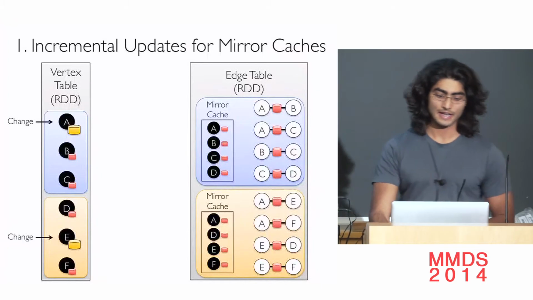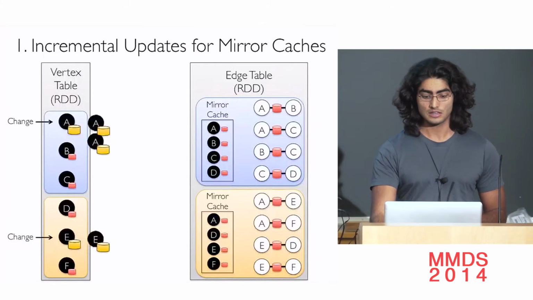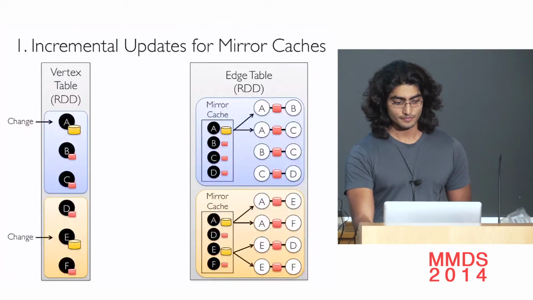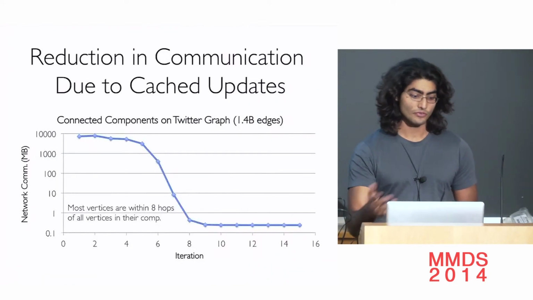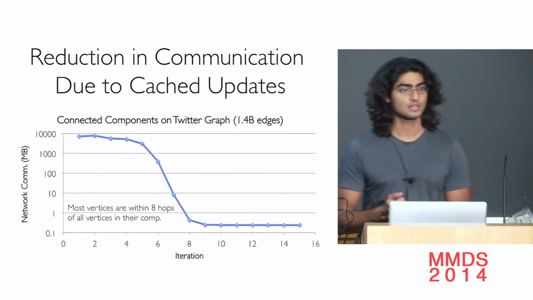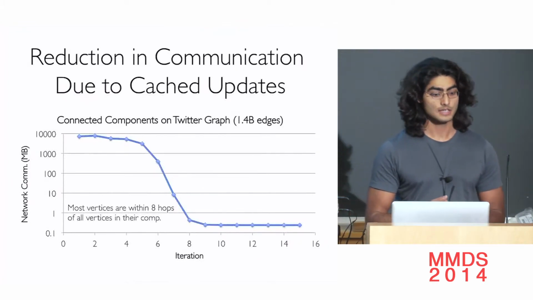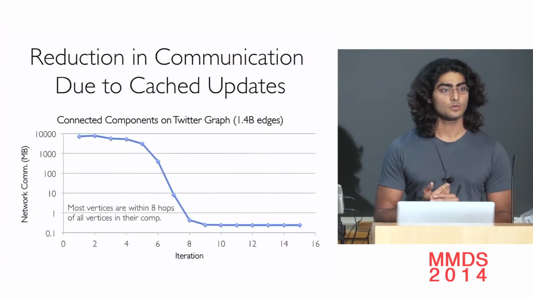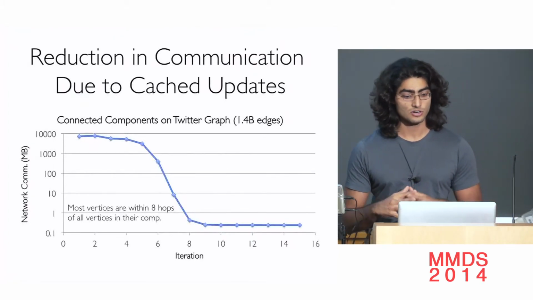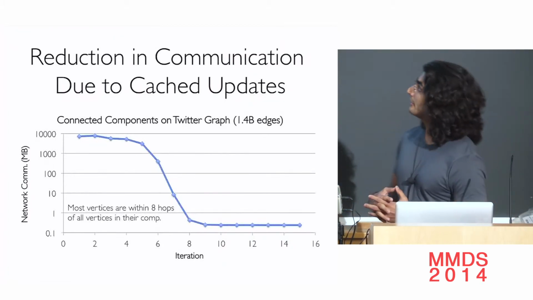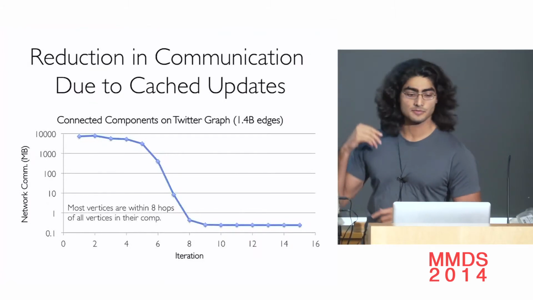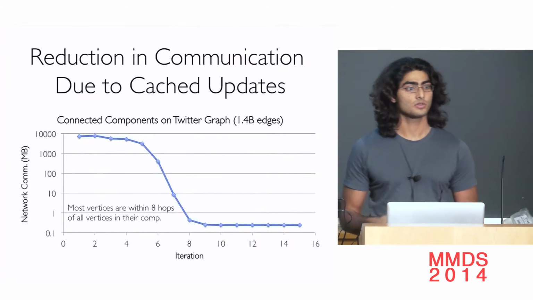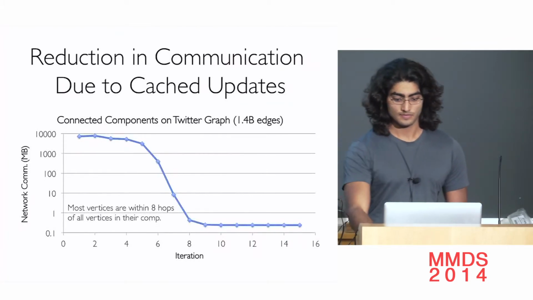So if say, vertices A and E are changed, then we only move those across the network. And for some algorithms, this actually can result in a really large drop in communication and runtimes. So for example, for the connected components algorithm, where the vertex attributes converge after a few iterations, the total communication drops by 5 orders of magnitude after the 8th iteration, because the values for most vertices have converged by then.